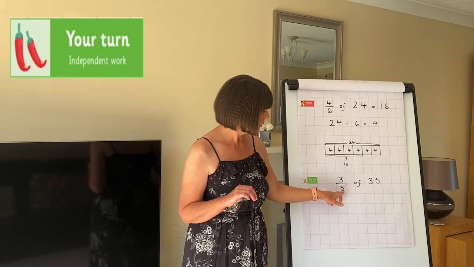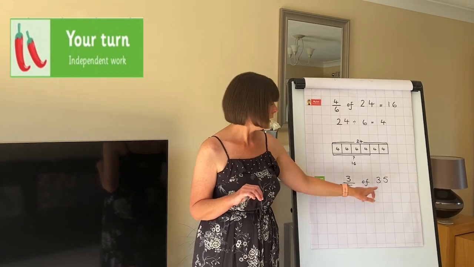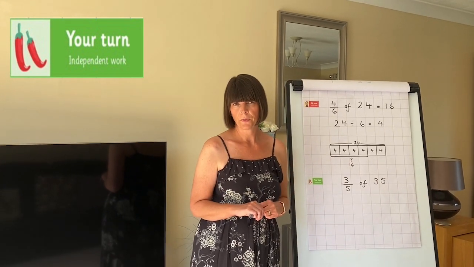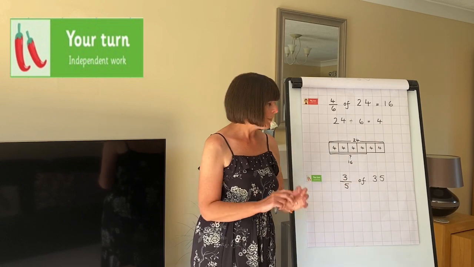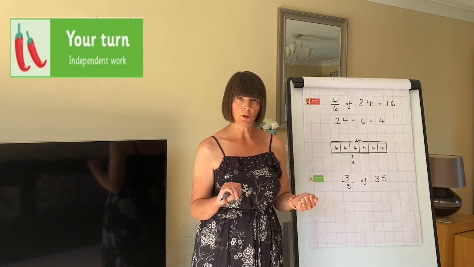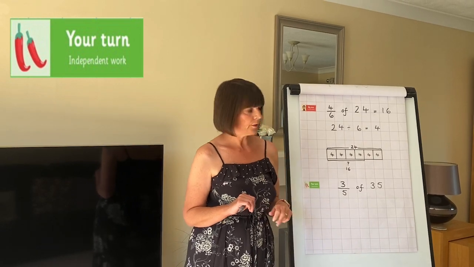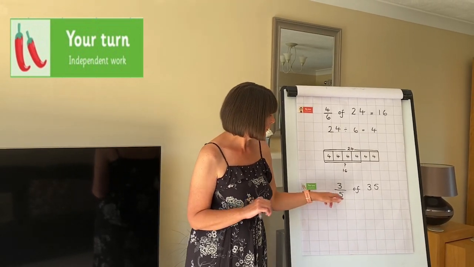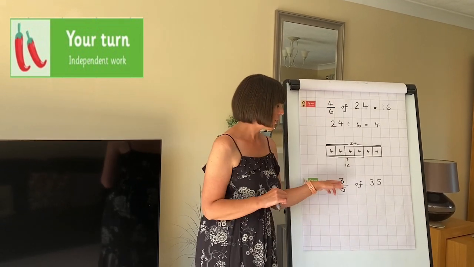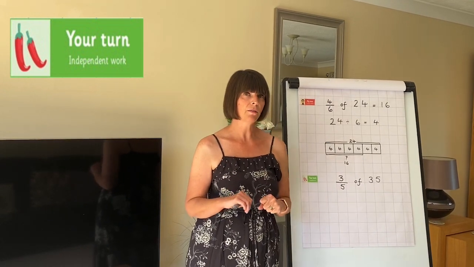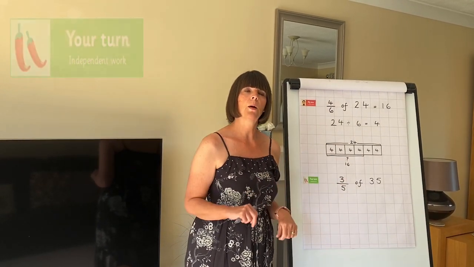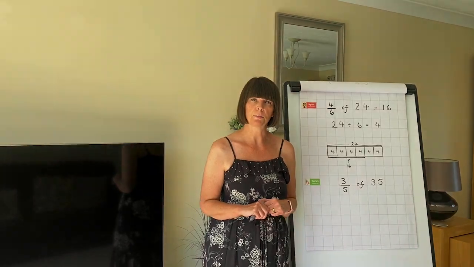So I want you to see if you can calculate 1/5 of 35 first. Think about your bar, think about how many parts you need in your bar. So here I was working with 6, so I needed 6 equal parts. And then when you found 1/5, can you find 3 parts of that bar? Can you find 3/5? Have a go and we'll come back and have a look at it together in a moment.